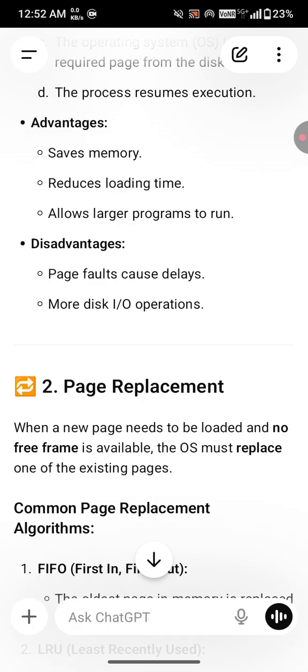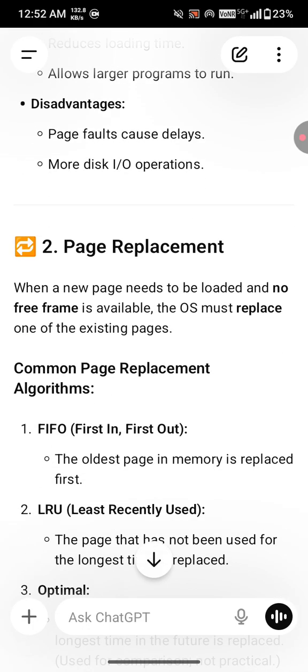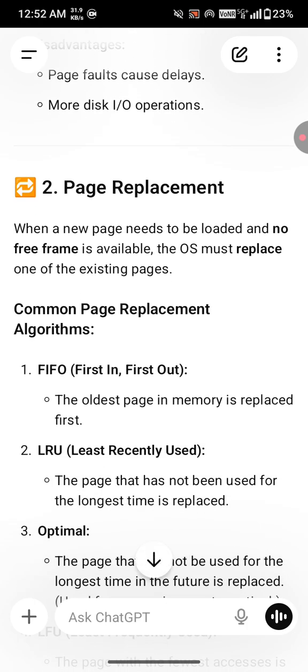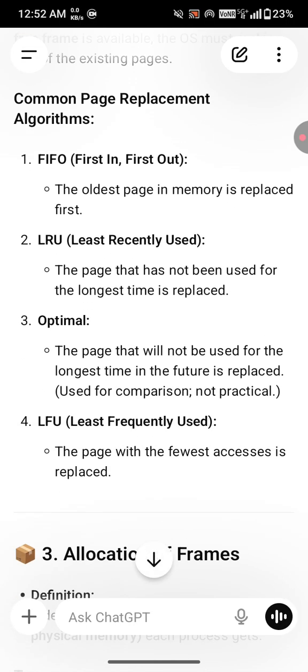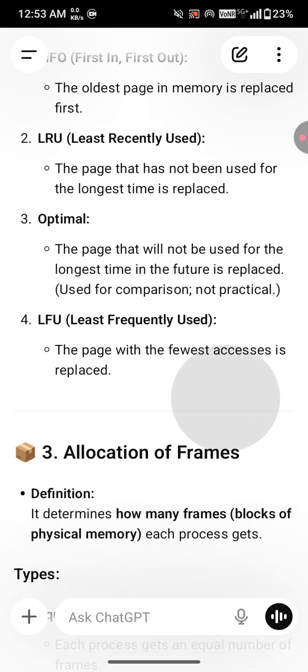Then second is page replacement and some common page replacement algorithms like FIFO, first in first out, LRU, least recently used, optimal, LFU, least frequently used.